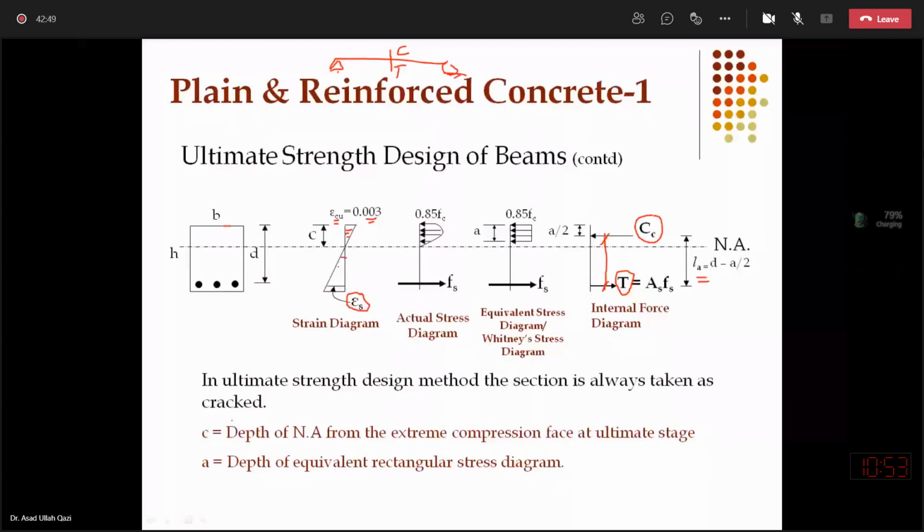On the tension side, I'm not interested in the strain of the concrete because I know concrete has very low capacity and we are neglecting the concrete contribution. So I'm only interested in that layer where steel is present. Its magnitude is epsilon S, where S stands for steel, and epsilon, the Greek letter, is used for strain. Here the subscripts are U for ultimate and C for concrete.